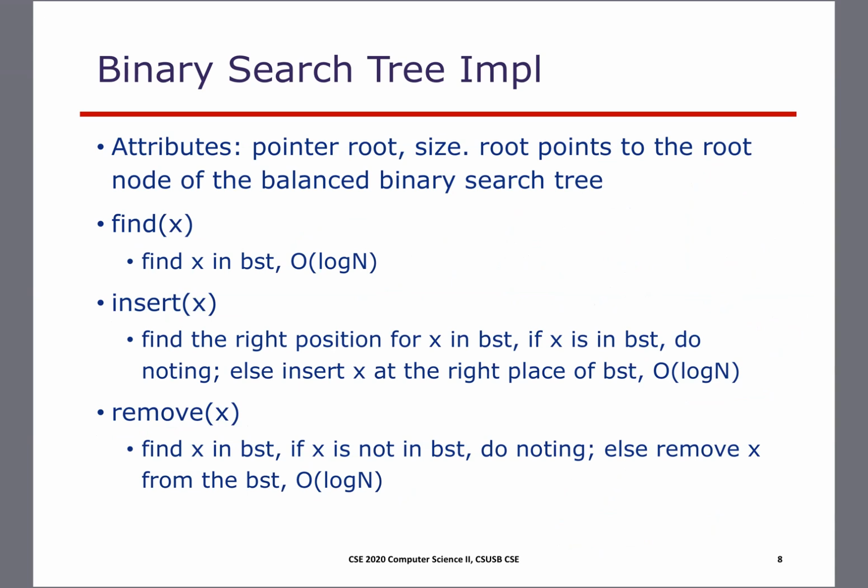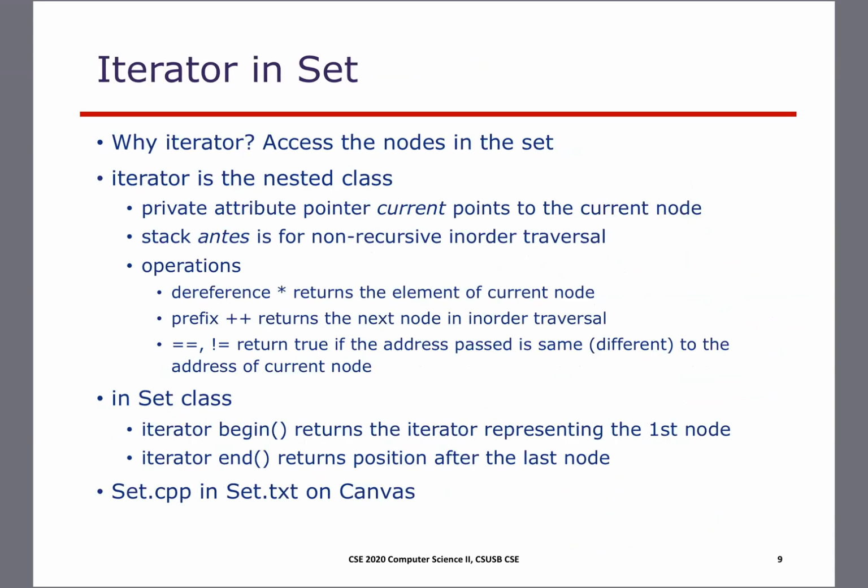Okay, so in fact, the set class template is totally the same as the binary search tree class template. The only difference is we add the iterator, the nested class, in the set class template.